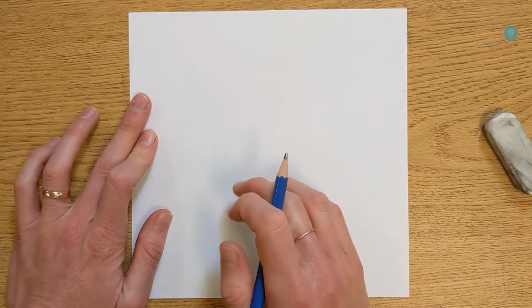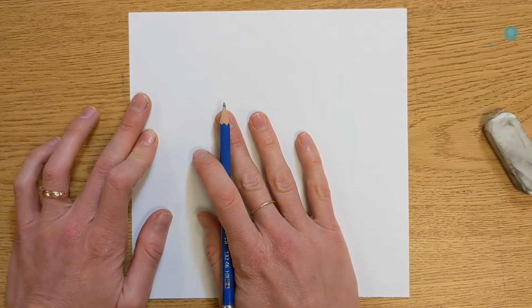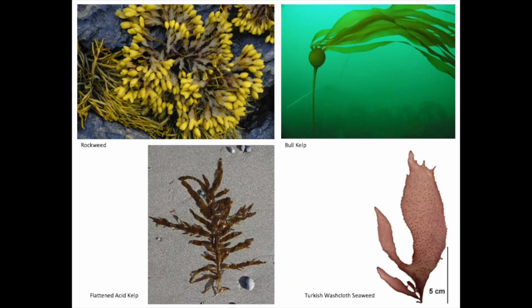and it would be great if you could project the image of the 4 species of seaweed up on the board in your classroom, or you could print that image out as well. And that image is included in the PDF that is linked underneath this video.